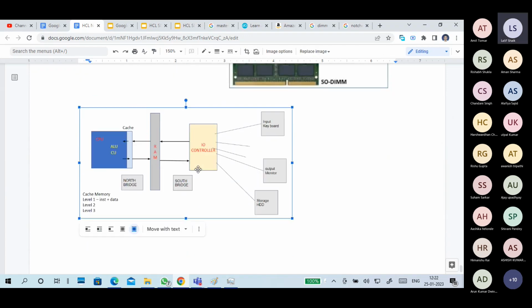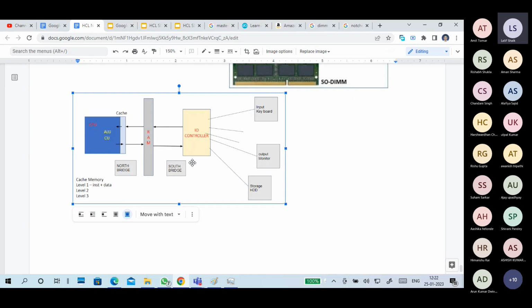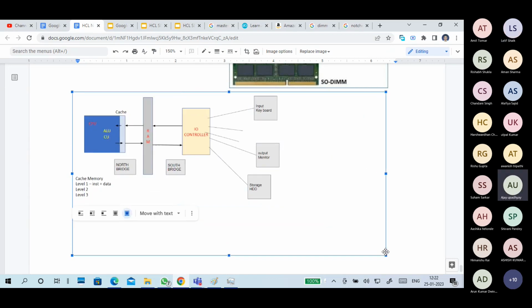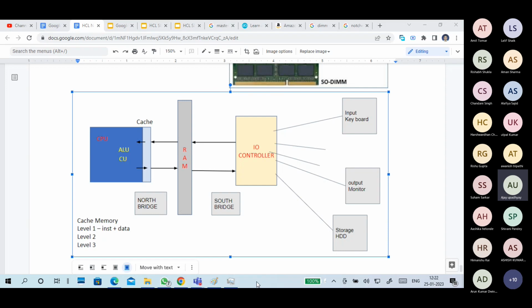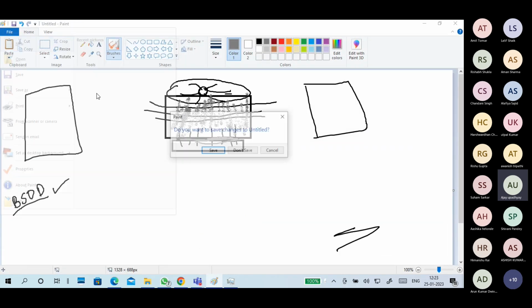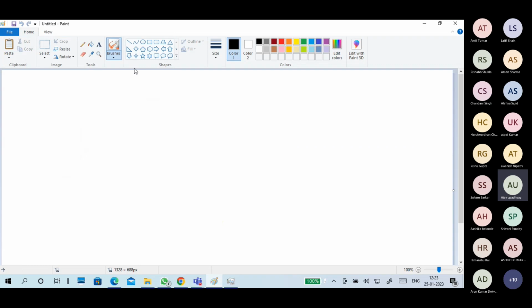How to check system configuration using Task Manager? It is good to check system configuration, but how do we know what is necessary to insert in this laptop, DDR3 or 5, and what is the difference?